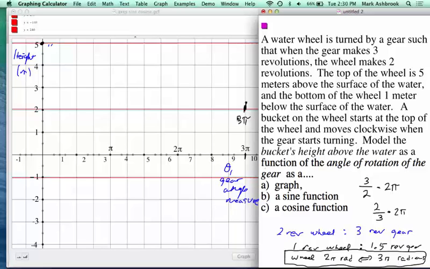And so then when theta reaches 3 pi, where will the bucket be? Min, midline, or max? This is one cycle for the bucket. So at 3 pi over 2, it'll be at the min.